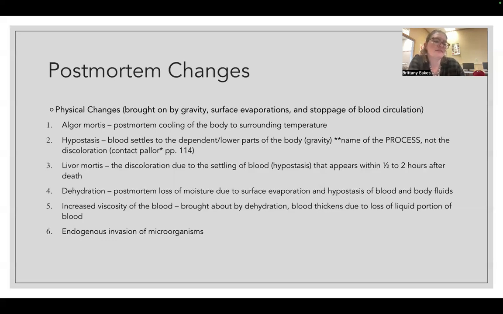This can be beneficial to the embalmer if there is algor mortis because it slows the onset of rigor mortis and it keeps the blood in a liquid state. But a body that's rapidly cooled will have more intense discolorations from livor mortis and also postmortem staining. And if body tissues were to be frozen, there could be capillary damage.